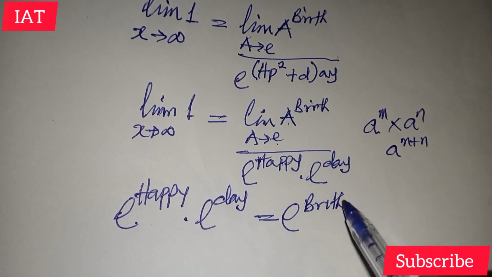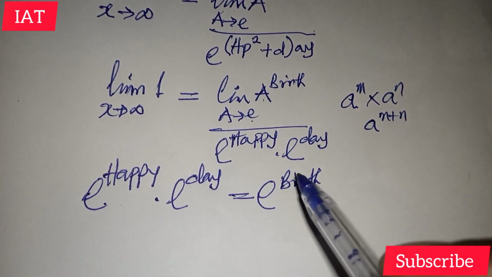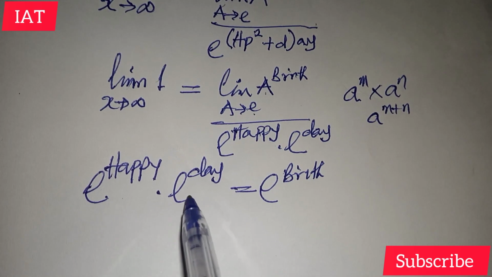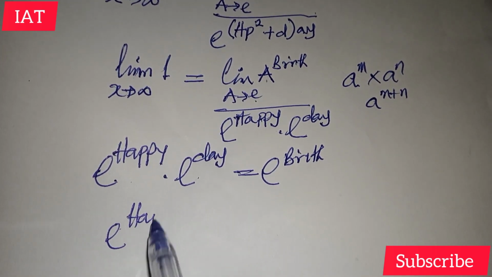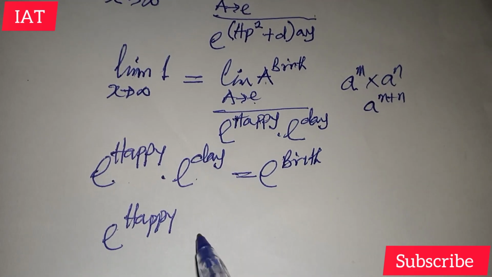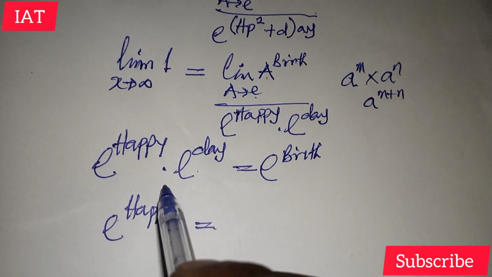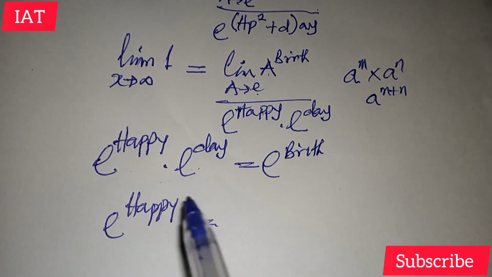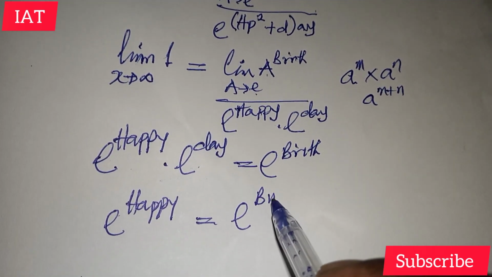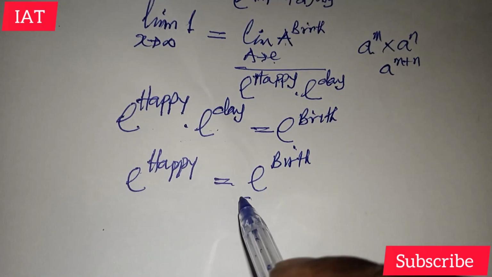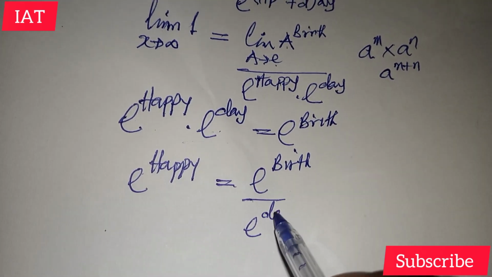So be that as it may, the next term I want to do is to make sure I divide both sides by this term, and if I do that, I will have e to the power of happy, and then this will be equal to, of course if I divide both sides by this, it will cancel the denominator of it, and then I will have this to the power of birth to e to the power of day.